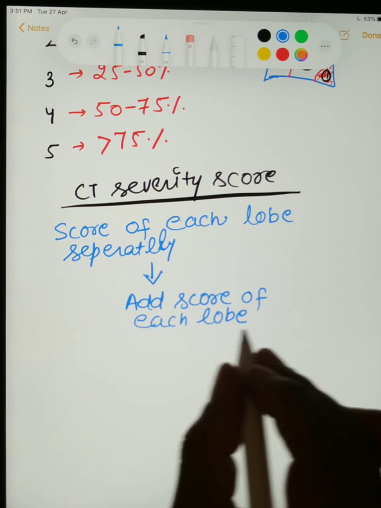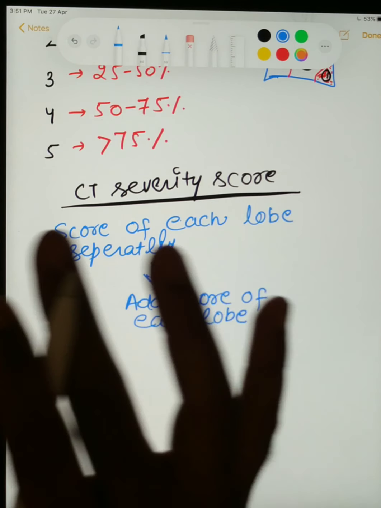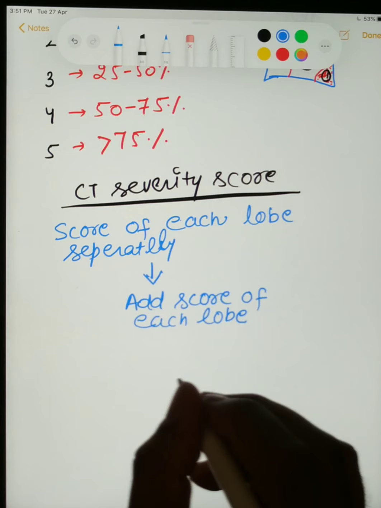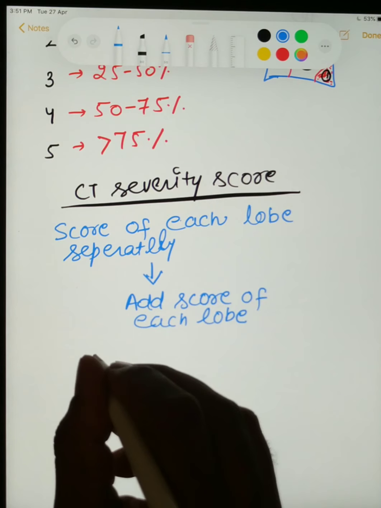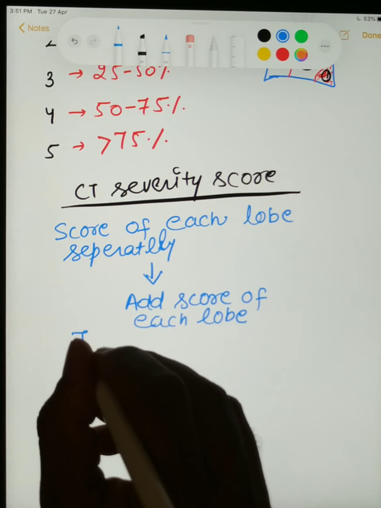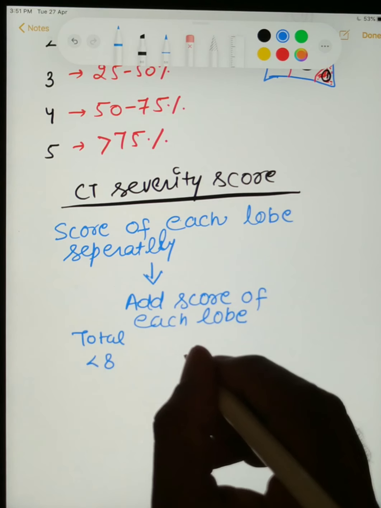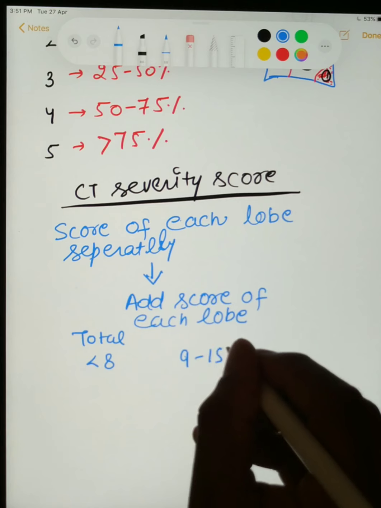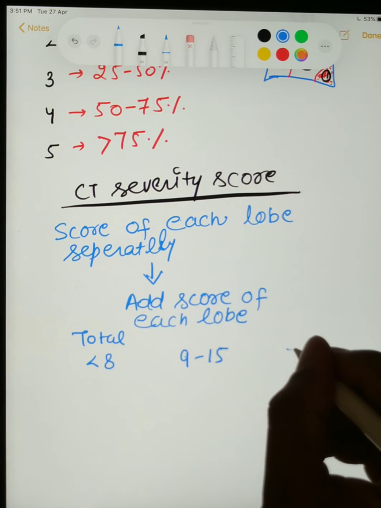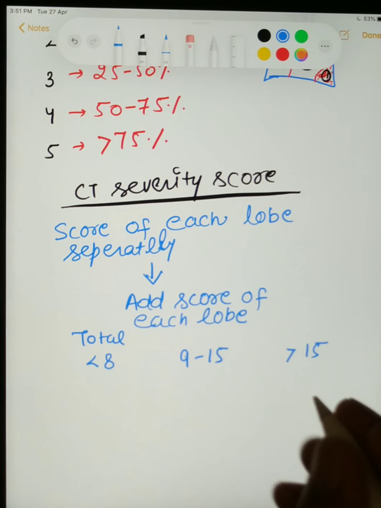The sum of the score of all the lobes is then further divided into categories: score less than 8, score 9 to 15, and score more than 15 up to 25.